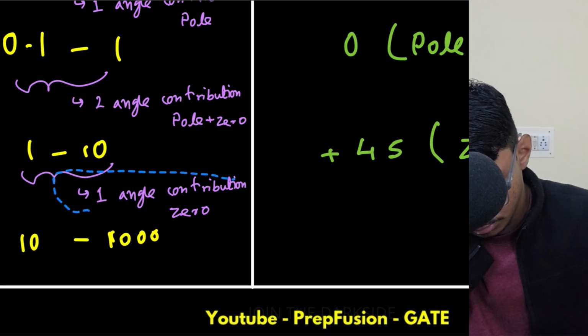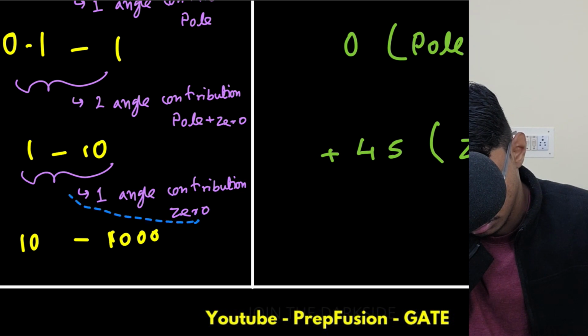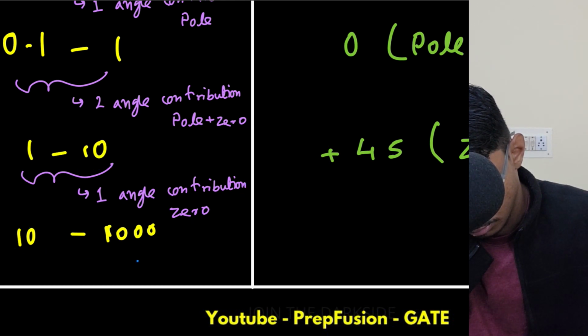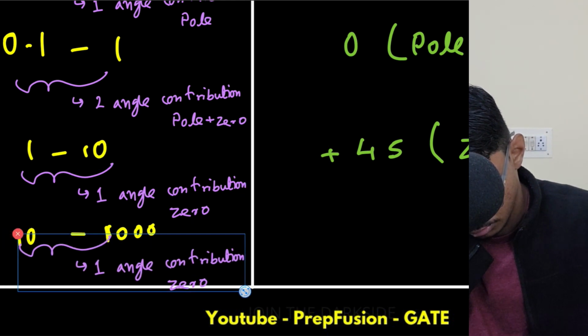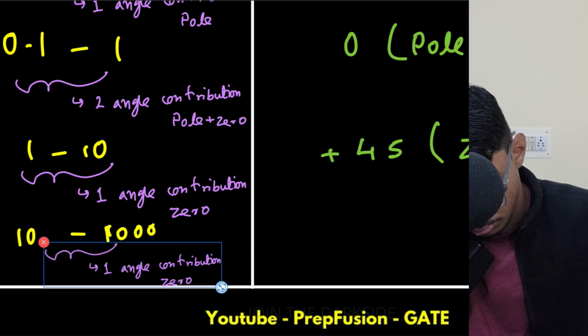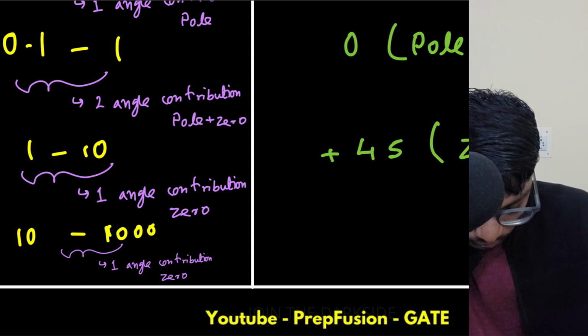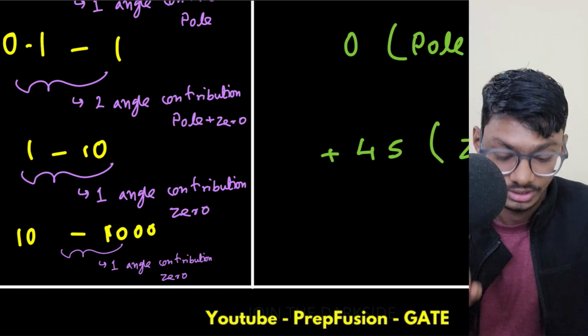Here we are getting only one angle contribution. Again this is the Z2 pole.